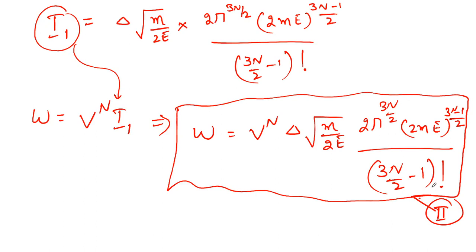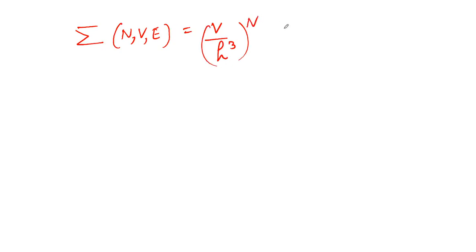Once we find out the value of this omega, from that we can find out the microstates of the parameters for this microcanonical ensemble. So this omega, we can write as the summation, that is the number of microstates for n, V and E. This comes out to be V over h cube raised to the power n, 2 pi me raised to the power 3n by 2, into 3n by 2 factorial.